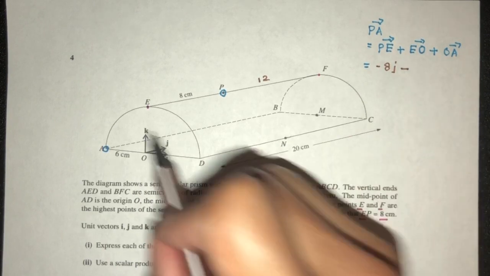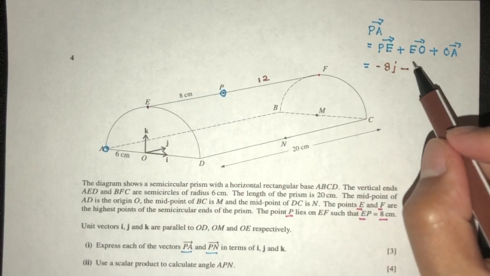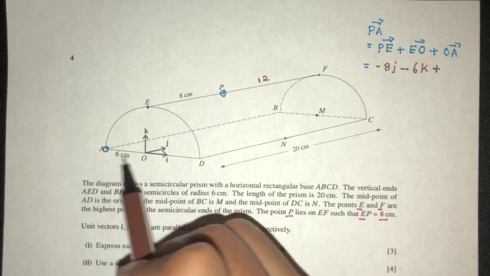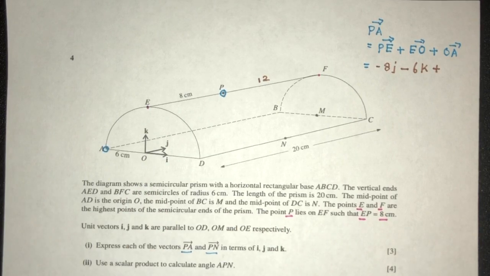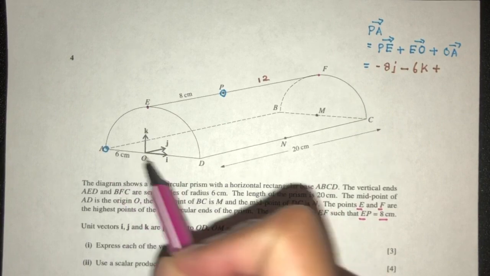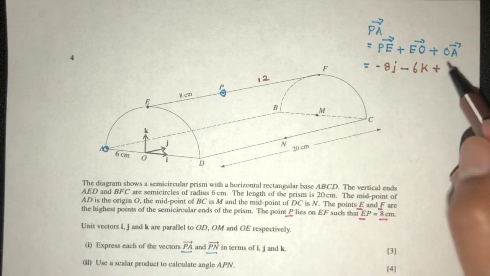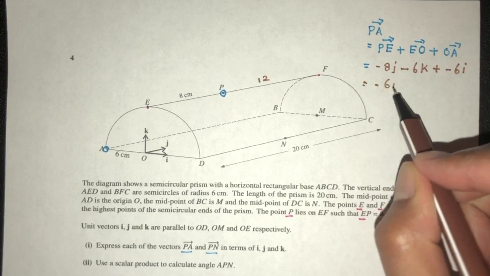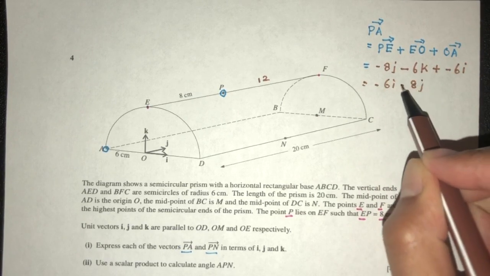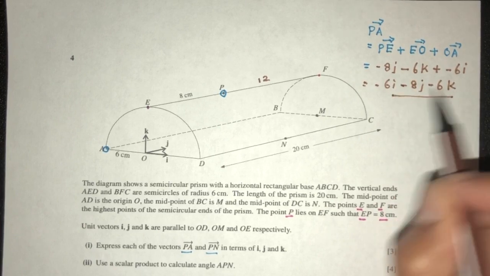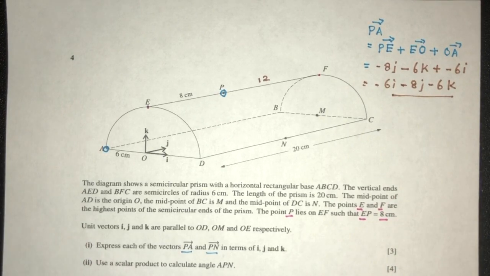So minus, this value will be 6 because it's the radius, k, plus OA, same way of understanding. i is in this direction, but in this direction it will be negative i, and the length is 6, so minus 6i. That will be minus 6i minus 8j minus 6k. That will be part 1 of your question in finding PA.